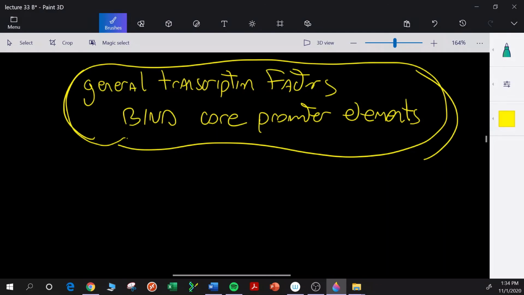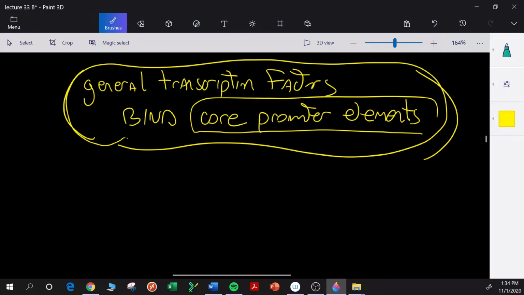And they influence what genes are transcribed in what cells. So to summarize, the core promoter elements help initiate transcription of the genes by serving as binding sites for the general transcription factors.